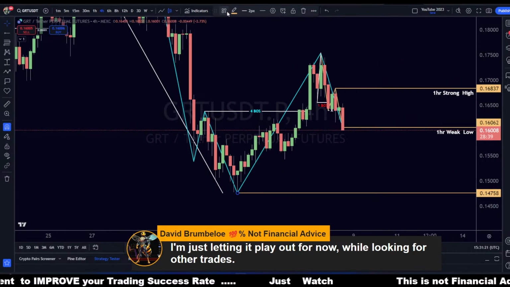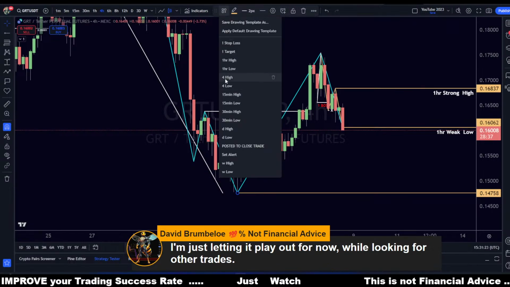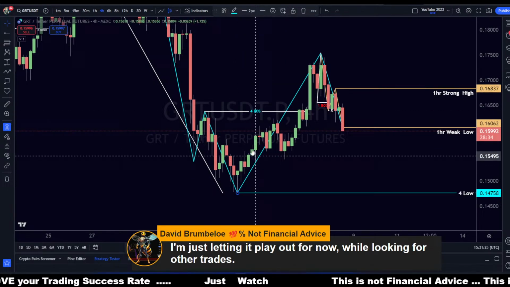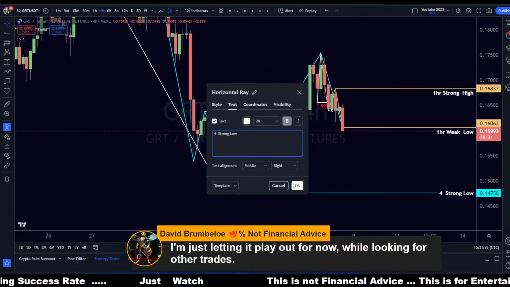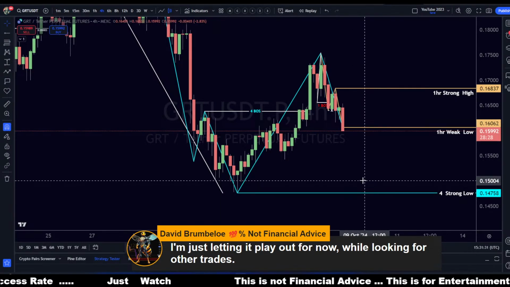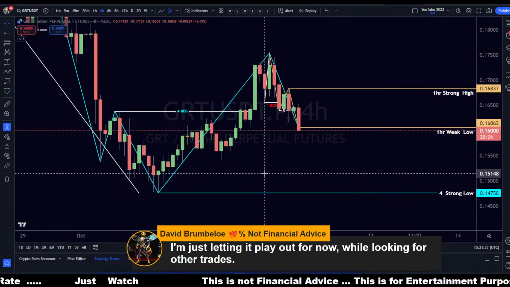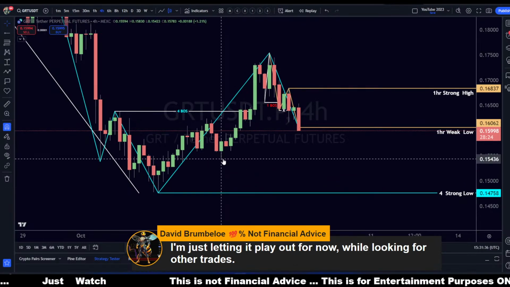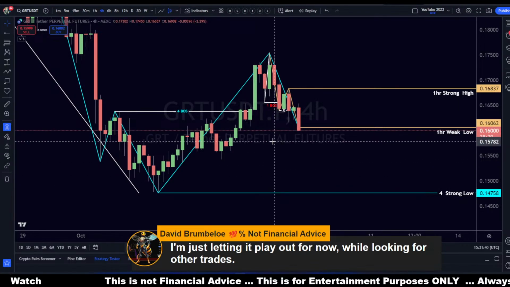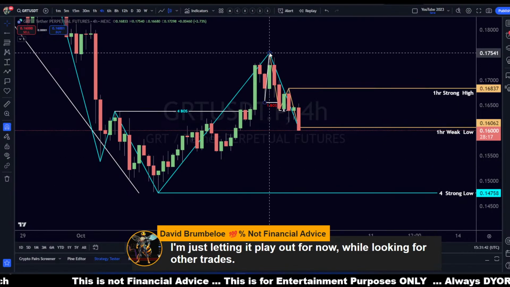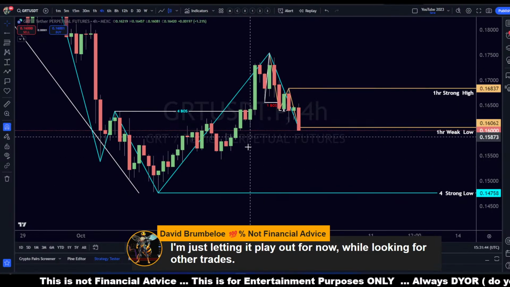So this one, let's go ahead and label it. This is our 4 hour low, and this is a strong low. And then this would be the internal structure, on which anything can happen. So here is our high, which is our weak high.